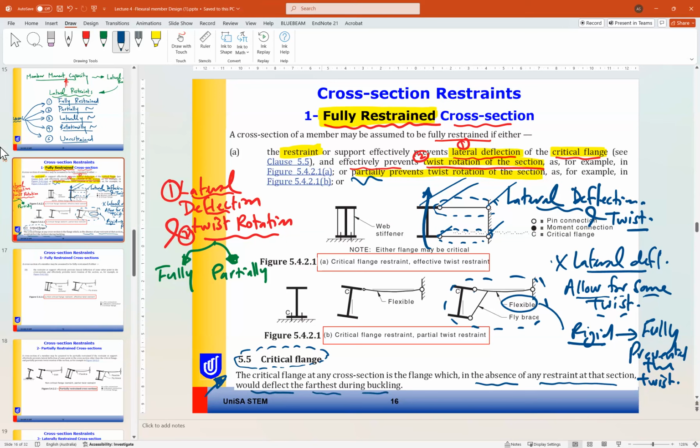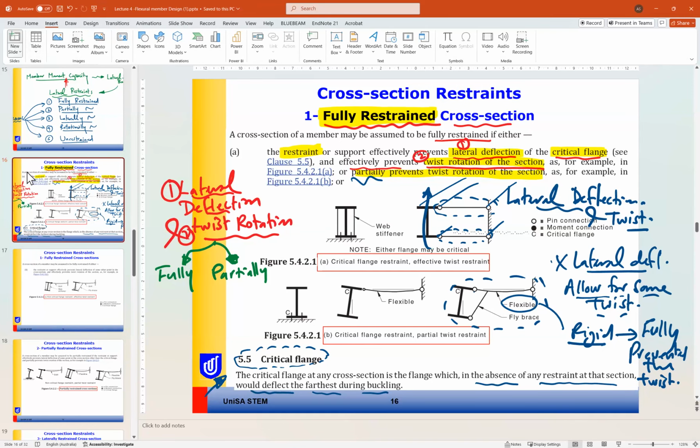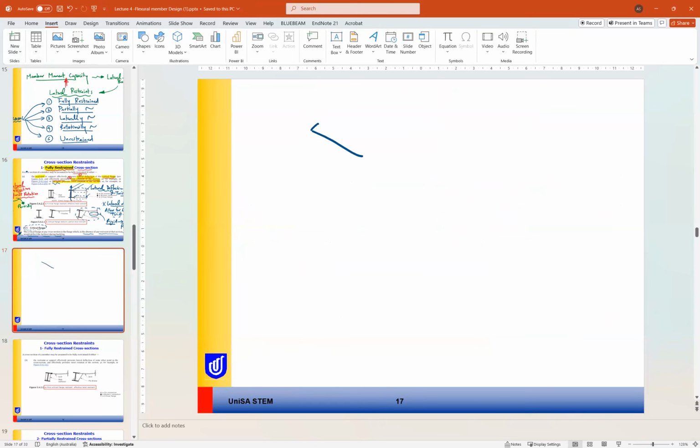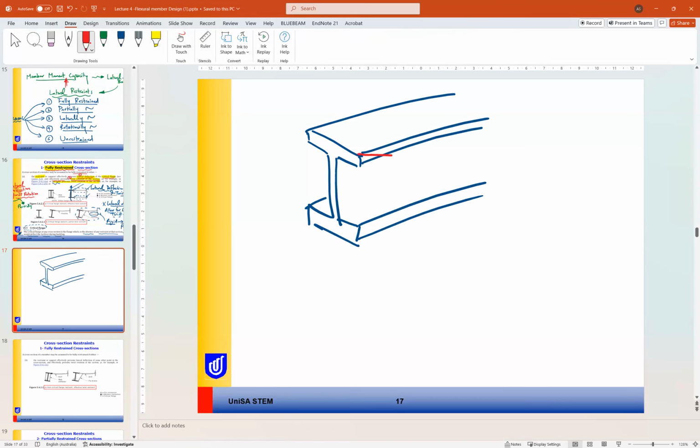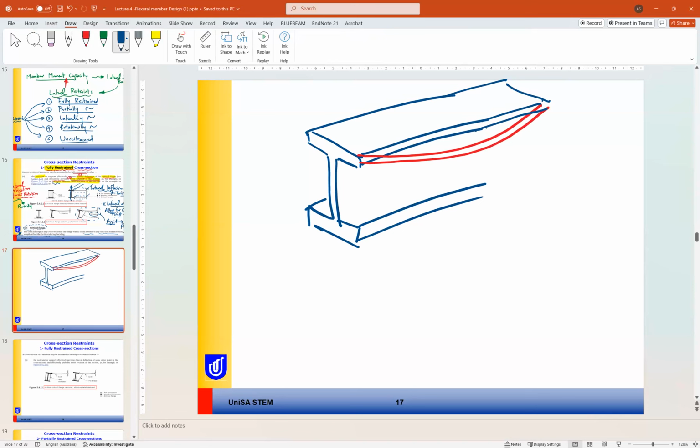So the critical flange is the flange that can buckle during the load.